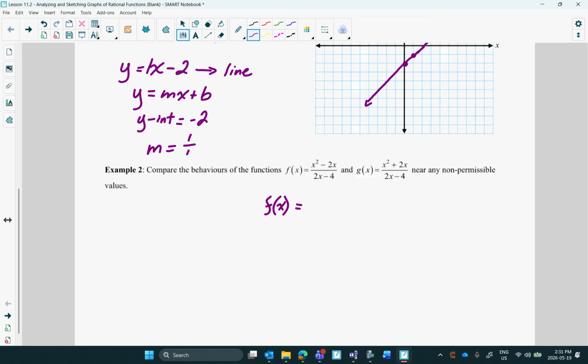What does the top factor to? x times x minus 2, and the bottom? 2 times x minus 2. So notice, normally we would say it's a vertical asymptote, but these cancel. So there's not a vertical asymptote at x equals 2, there's a hole at x equals 2.